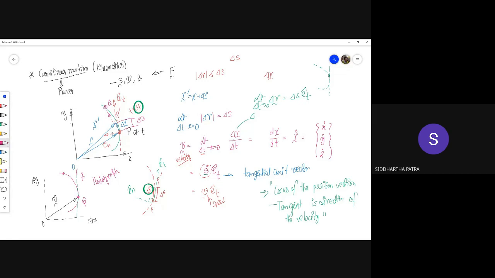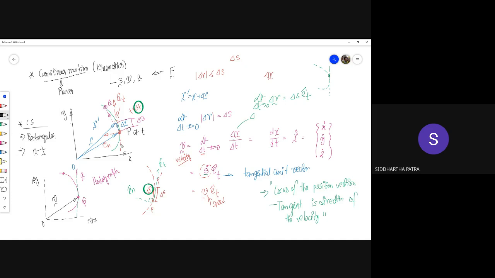So as we discussed earlier, we can analyze the motion of a particle in a curvilinear path using three different types of coordinate systems. One could be, of course, the Cartesian or rectangular, and the second could be the normal and tangential directions.